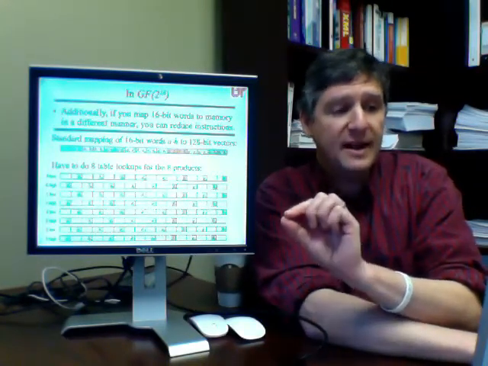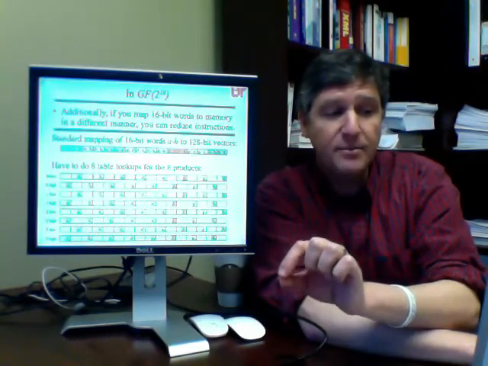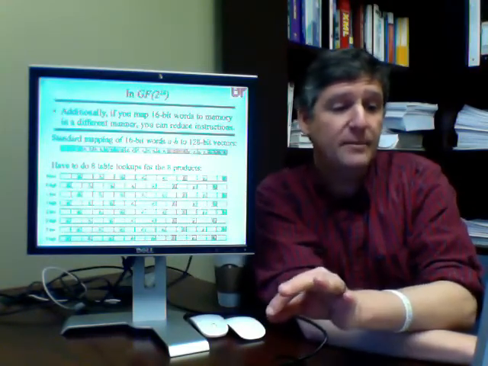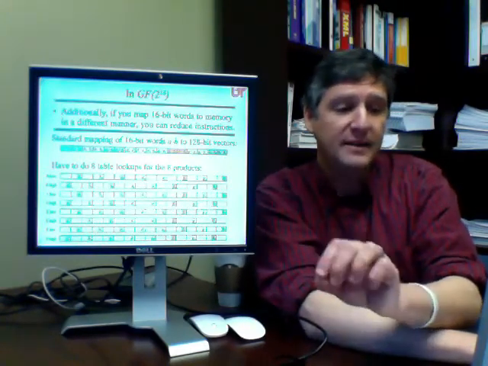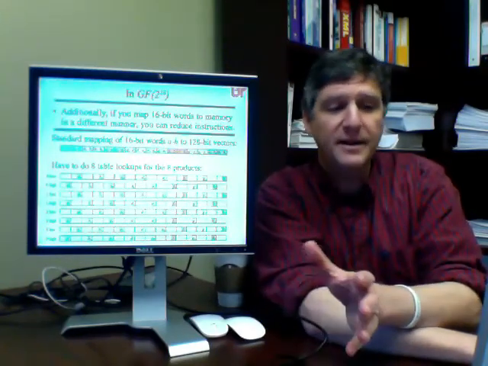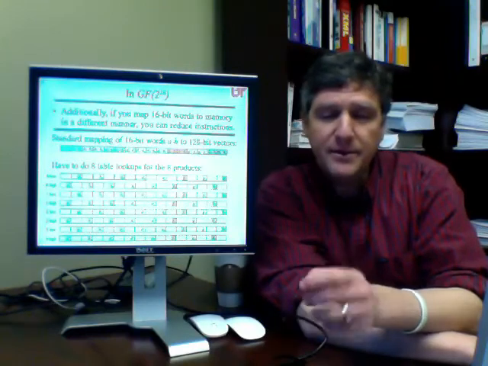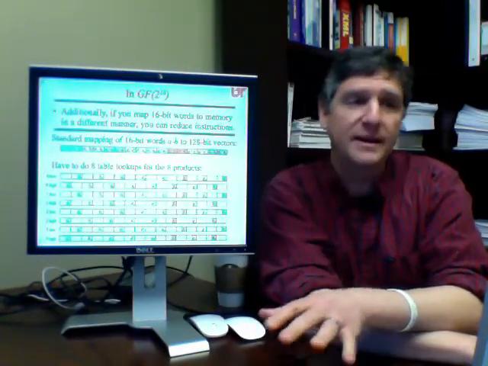I show each table lookup: you're going to have the index in the low byte, and you have to ignore the high byte when you do the table lookup, and then you got to shift it over and look up the high byte. So you're going to look up the low byte, the high byte, the low byte, the high byte. You're going to do your 8 table lookups, but every time, 8 of those indices will be empty because you can only do the low bytes and the high bytes.